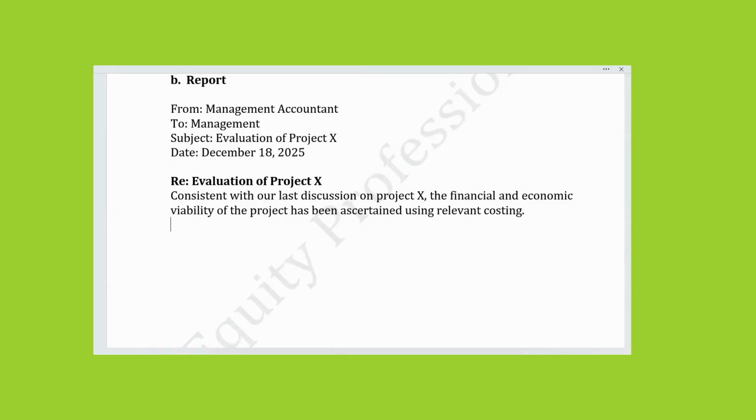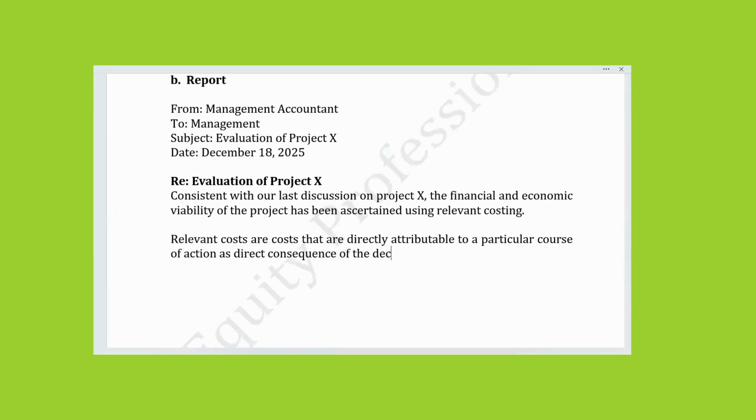So I can then say, for this purpose, relevant costs are costs that are directly attributable to a particular course of action, as a direct consequence of the decision taken.